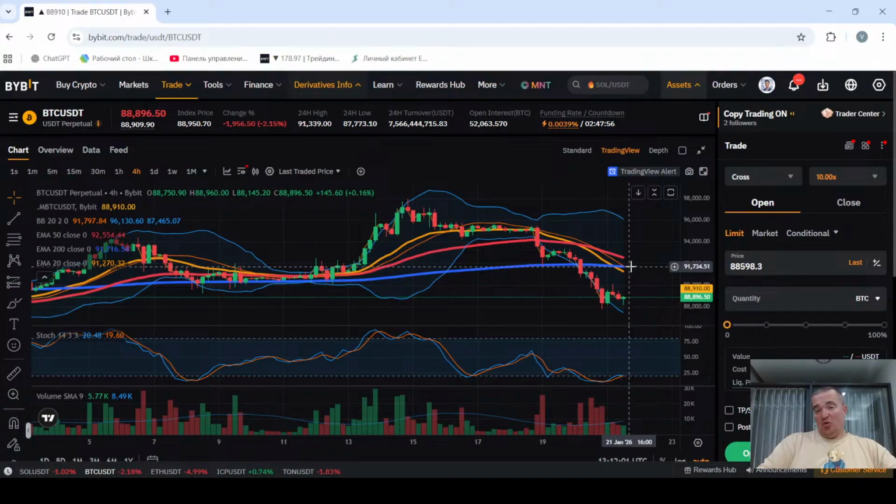Okay, the next instrument which I'm looking at is Ethereum. You can see that I have an open deal on Ethereum, and it's exactly the situation in which I was trapped yesterday. I opened the deal.